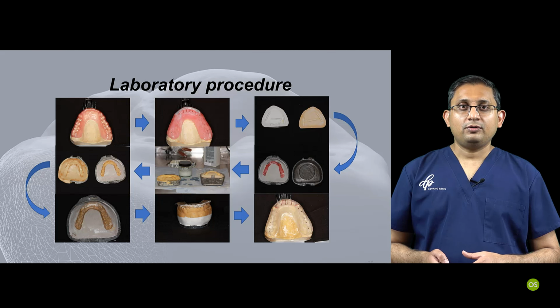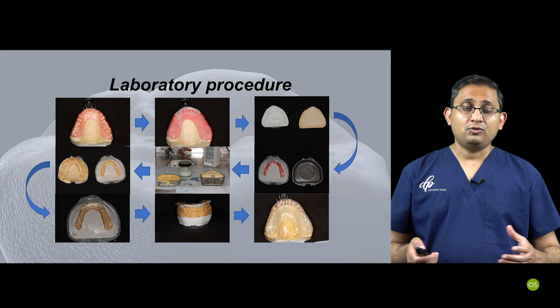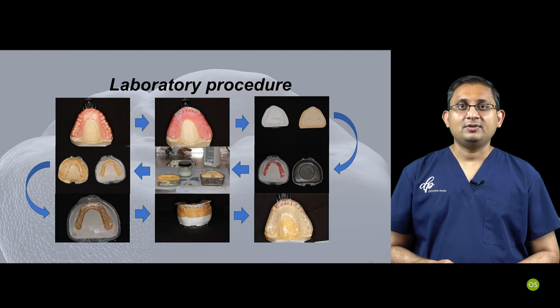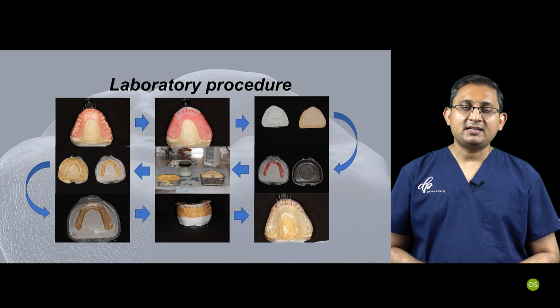So once you now know all the steps relating to mounting and articulators, let's look at some practical videos on how to mount models in CR, how to mount models in MI, and the difference between mounting in CR and MI.